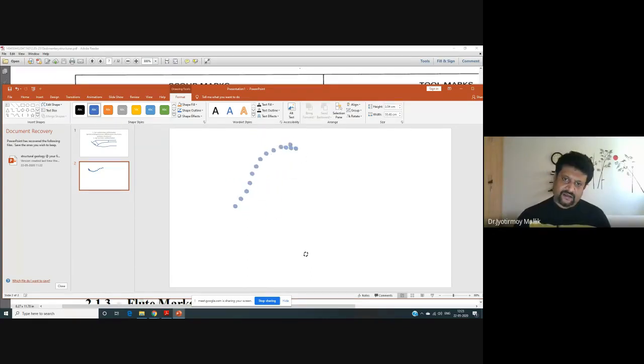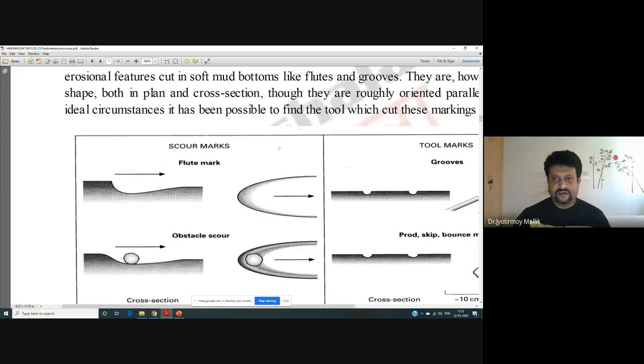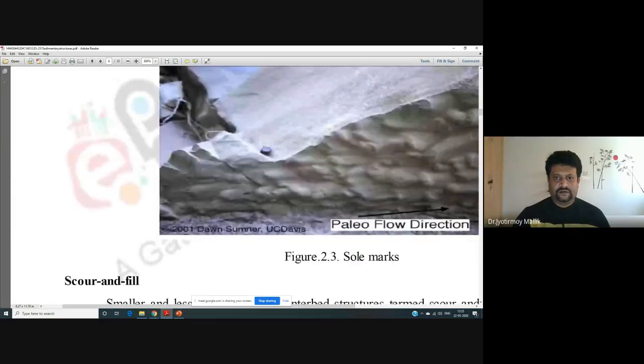yeah, and if I just turn it upside down, wherever there was a negative impression, that will come as a positive relief on the rock which is residing on the upper side of that scour mark, right? So that is exactly what you are observing here in this particular picture. Okay.